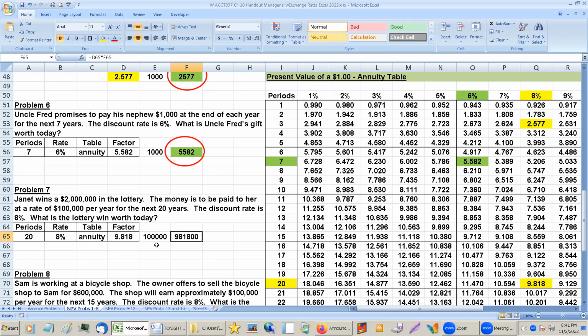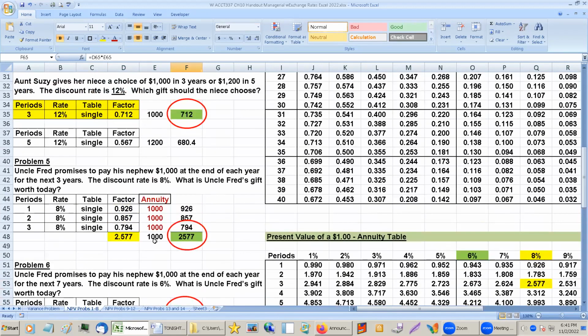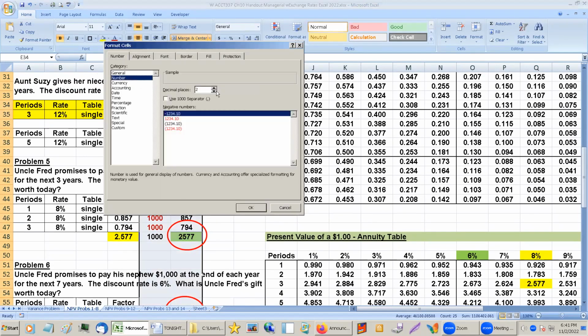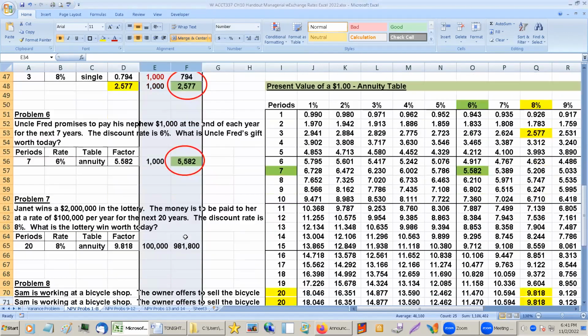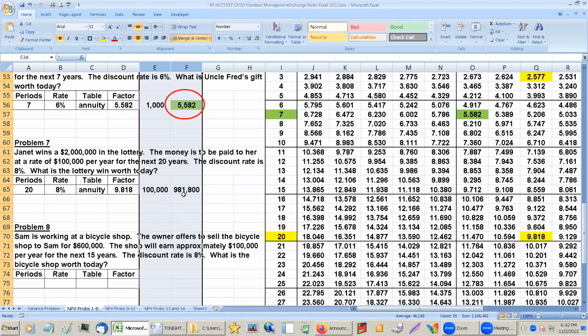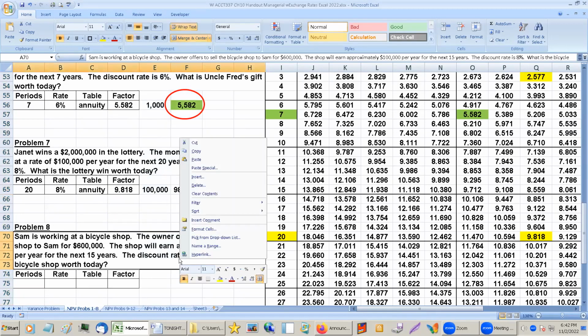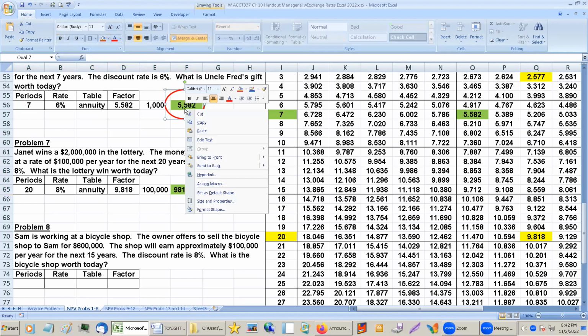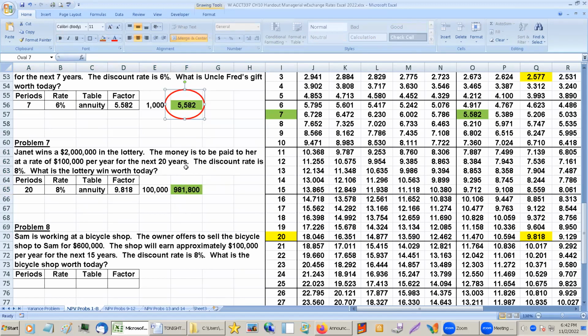You know, why don't I make these into something we can read. $981,800. Okay, Janet is not a millionaire, but she's probably very happy.